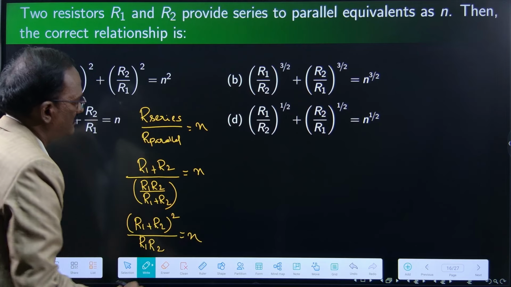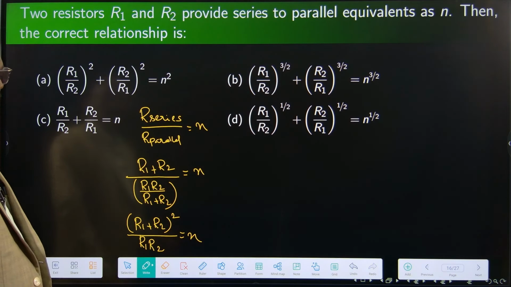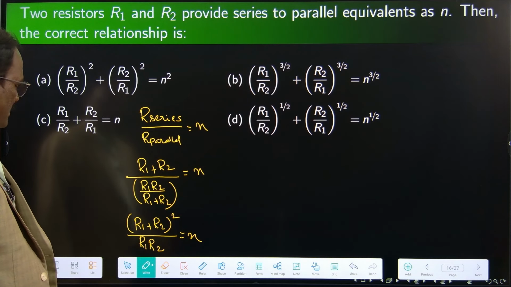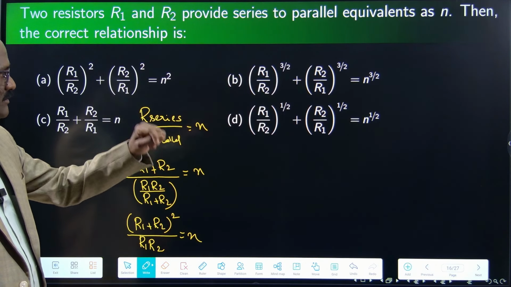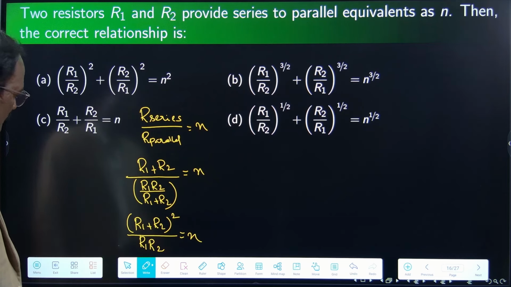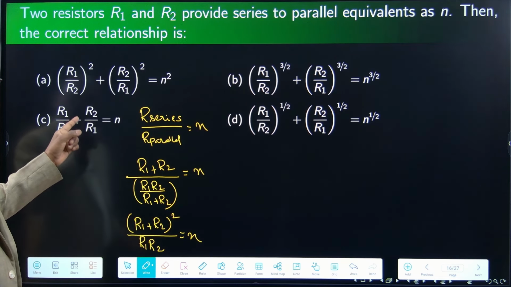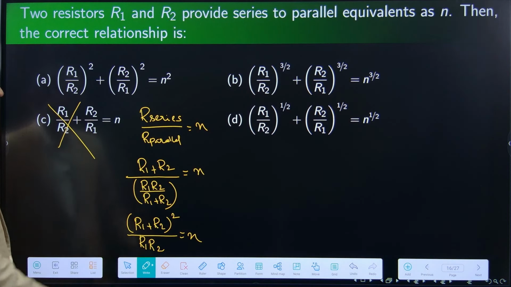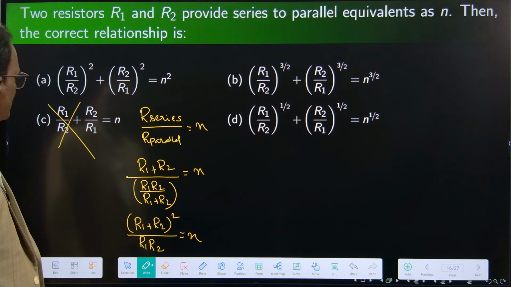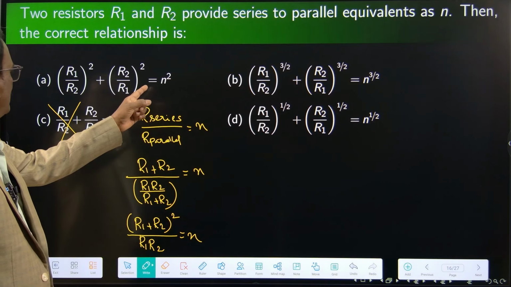This is N. What is the correct relationship? On the right hand side, N is there. N square, N power 3 by 2, N power 1 by 2. N is equal to R1 by R2 plus R2 by R1. But here it is a different value, so option C will not be the correct answer. So we will square both sides.